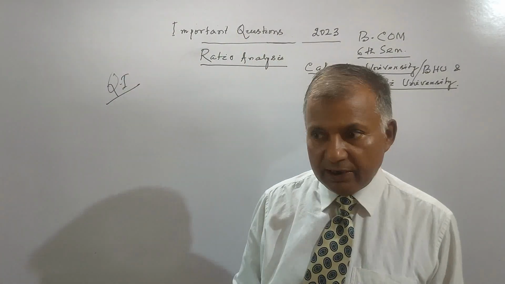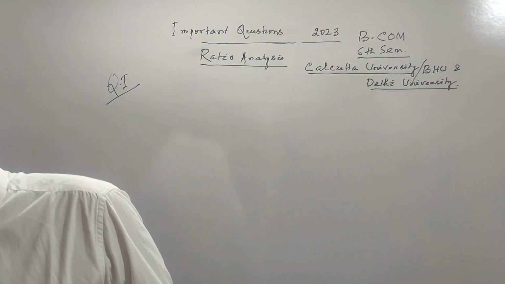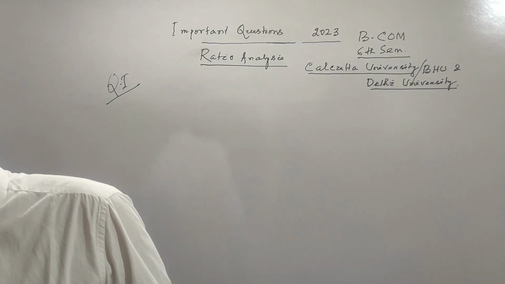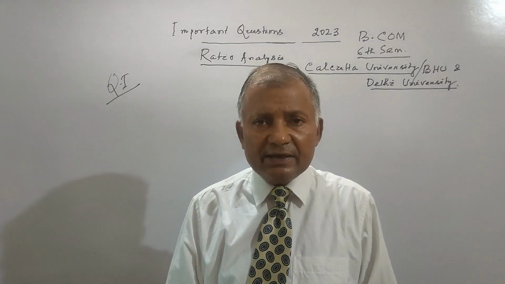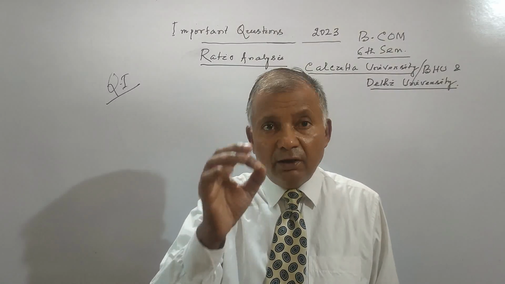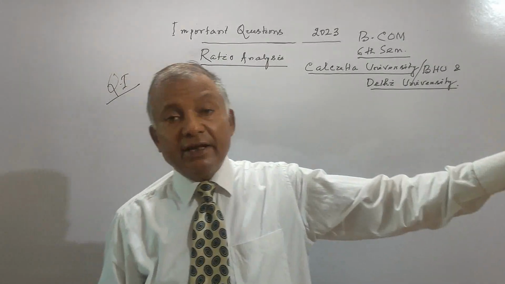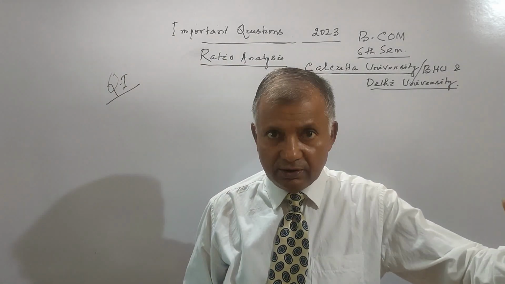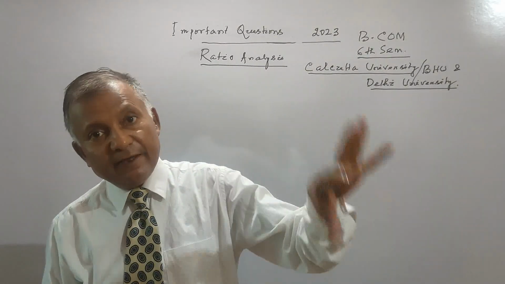In this problem, the only numerical figure given is annual sales. So when a numerical figure is given, you have to first start the problem with the ratio relating to that numerical figure, right?